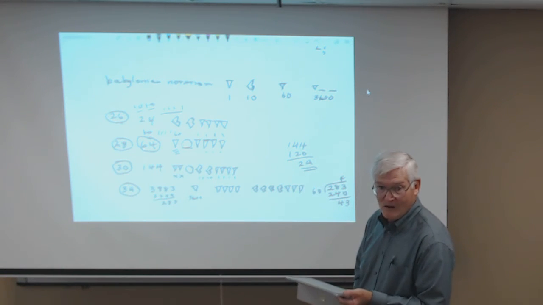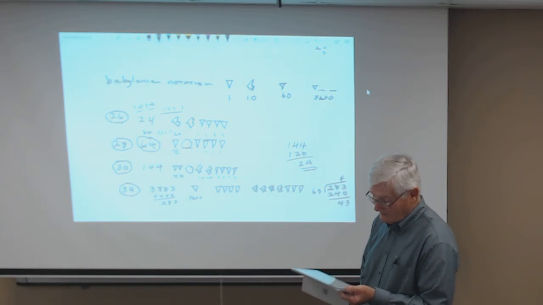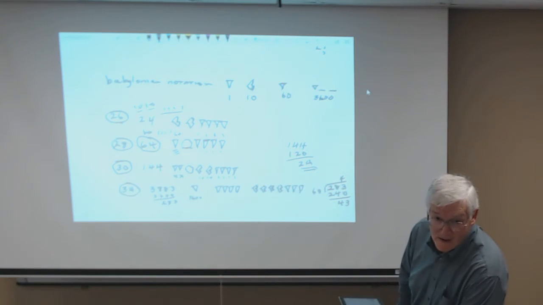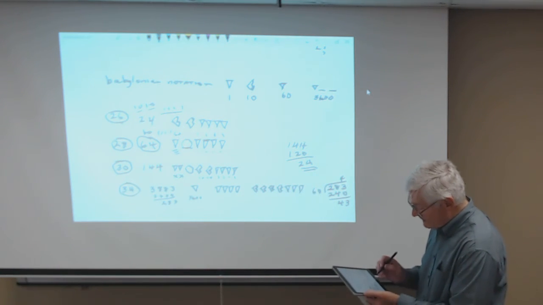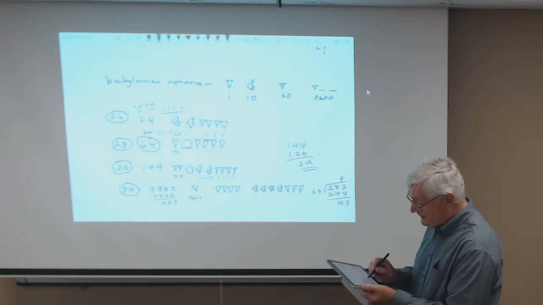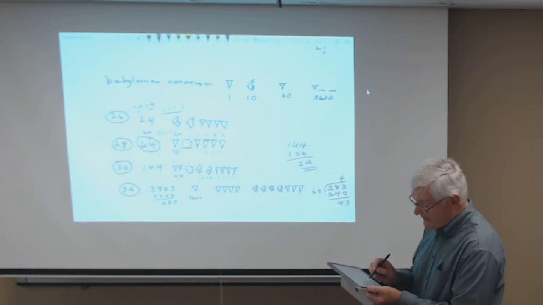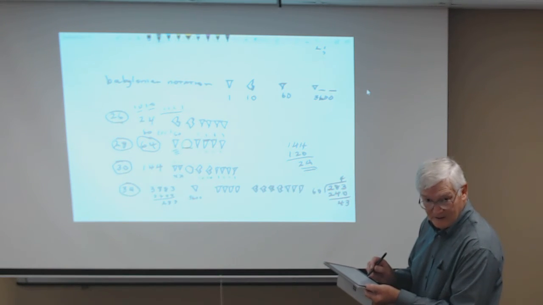Wait, why don't the 60s have space in between them? What makes that not 2 1s? Oh, 160? Okay, this is a 1 and this is a 1, but it's in the 60s place. Okay.